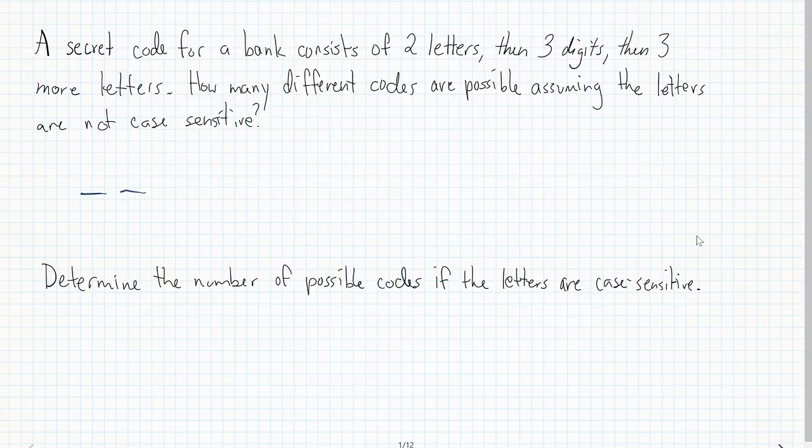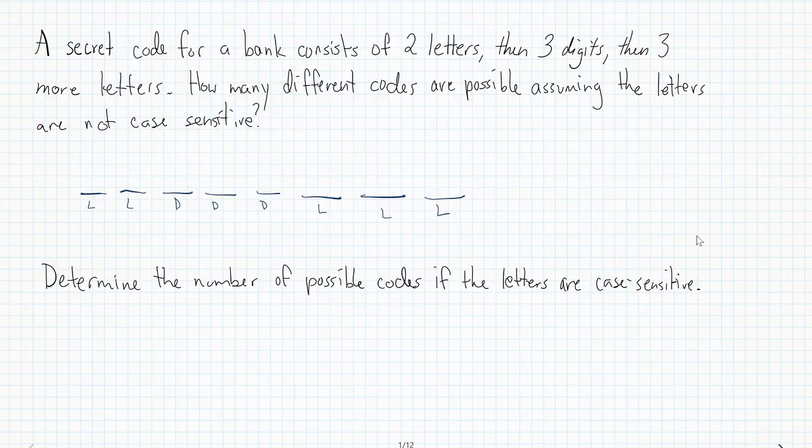So we have letters, which I'll denote underneath by L, and then we have 3 digits, which we'll denote by D, and then finishing off with 3 letters, so we'll denote those by L again.